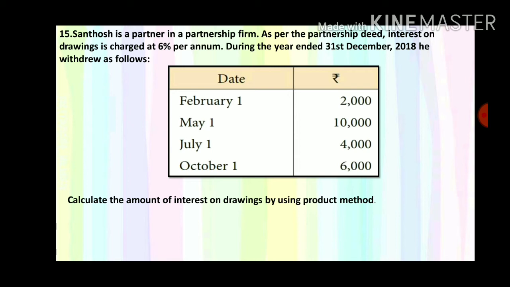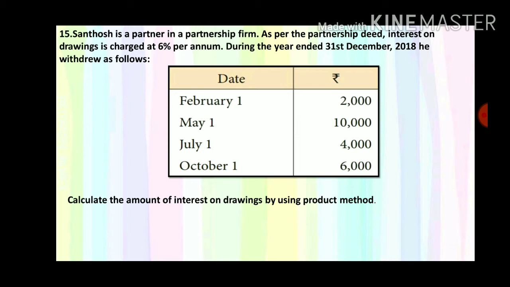He withdrew as follows: February 1st 2000, May 1st 10,000, July 1st 4,000, October 1st 6,000. Calculate the amount of interest on drawing by using product method.